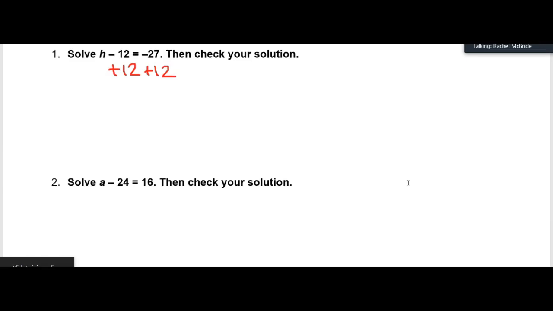I'm going to add 12 to 27. So what is negative 27 plus 12? Luke? Say 14? Okay, try checking that one more time on your calculator.